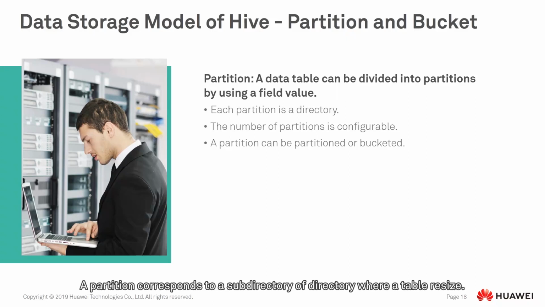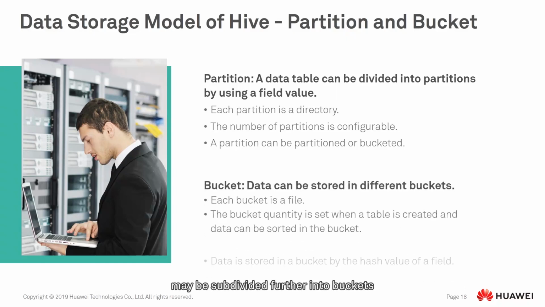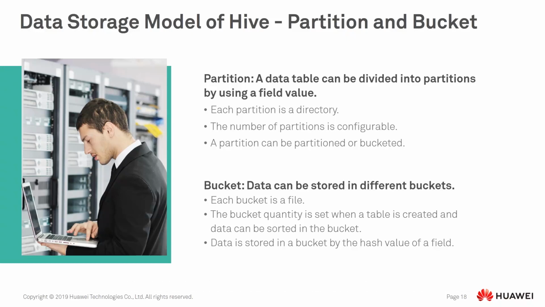A partition corresponds to a subdirectory of the directory where a table resides, and tables or partitions may be subdivided further into buckets based on the value of a hash function of some column of the table to give extra structure to the data that may be used for more efficient queries.